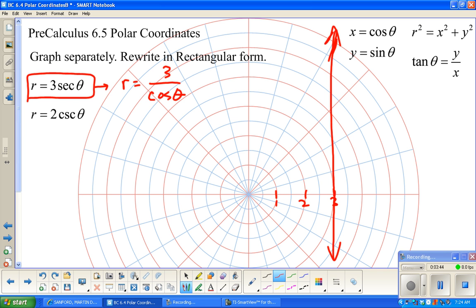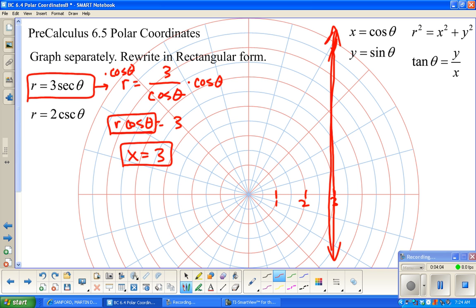I'm going to multiply both sides by cosine. Okay, so I have now r cosine theta equals 3. And if you recall, r cosine theta is really just x. This is x equals 3, which really should be no surprise that this graph looks like this, because that's x equals 3.